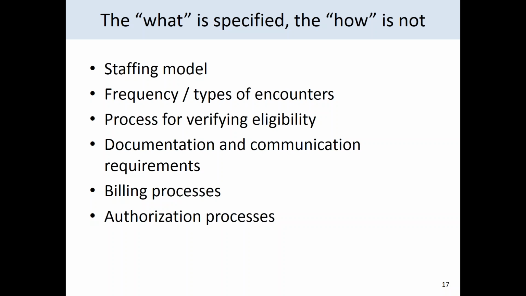So there's no discussion of staffing model, how much effort is going to be required from each of those disciplines, and which disciplines tackle which of the specified services. There's no specificity around the frequency or types of encounters and whether those encounters would happen in the patient's home, in a clinic, over the phone, or through a video visit.